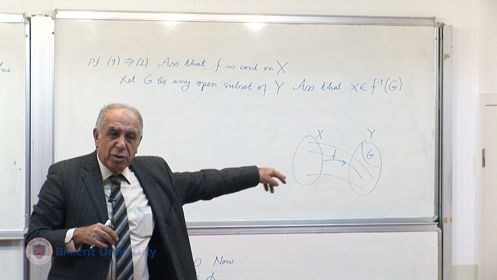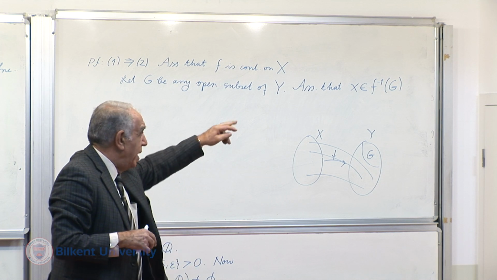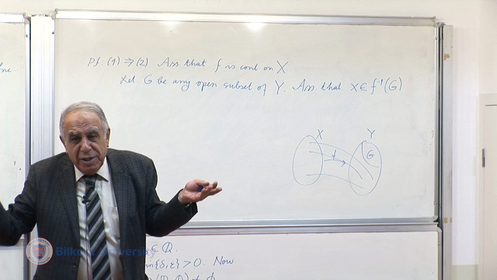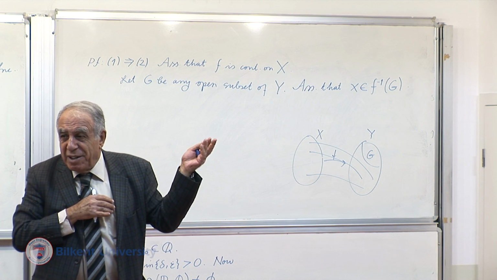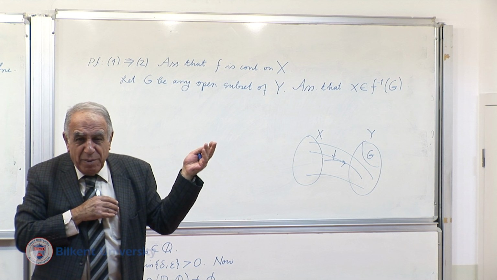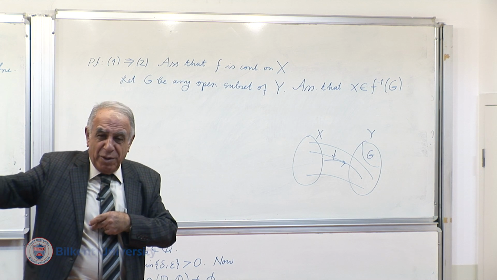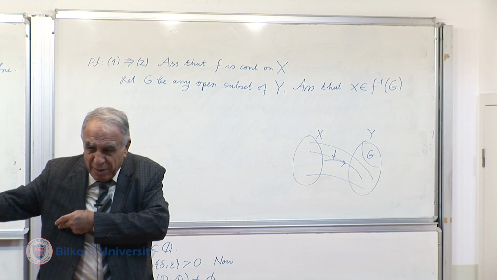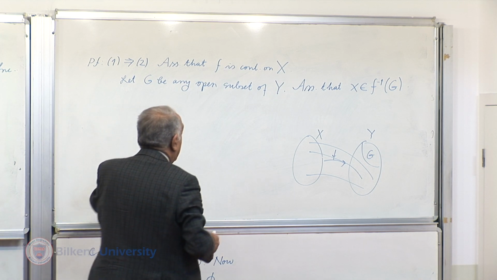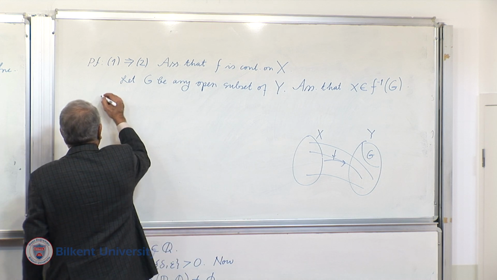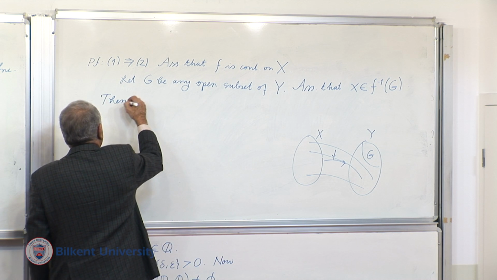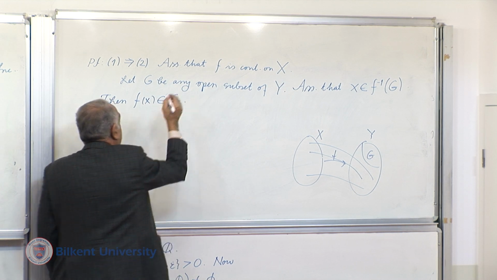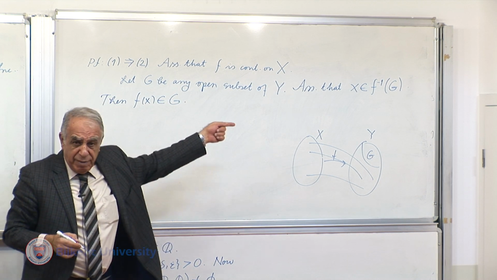But if I say assume that x is in f inverse G, well, if f inverse G is empty, that assumption is false. Well, in that case, whatever follows, P implies Q. If P is false, then that will be true. Okay. Well, then f of x will be in G by definition of f inverse G.